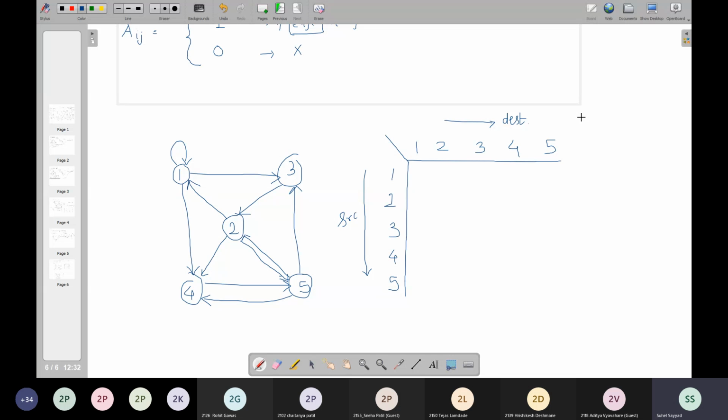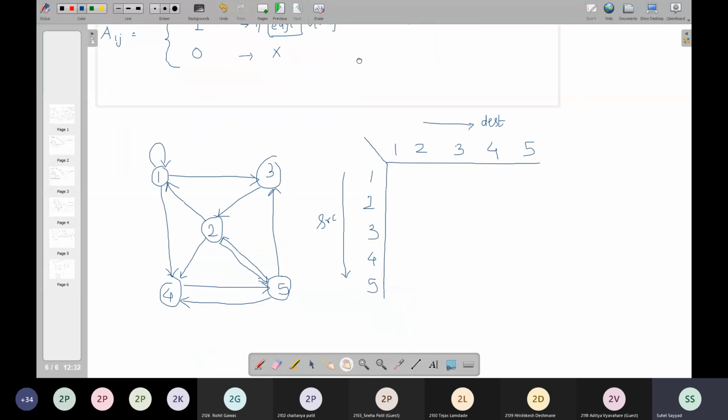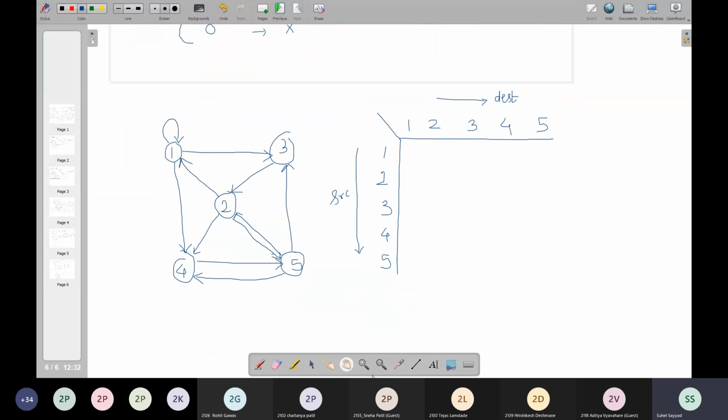Because we all know that in a directed graph, edge 1, 2 is different and 2, 1 is different. In the undirected case I didn't have any problem. 1, 2 and 2, 1 were the same, right? If 1, 2 was 0, then 2, 1 was also 0. I was getting a symmetry in my matrix. But that will not happen here in case of a directed graph, because here 1, 2 is a different edge and 2, 1 is a different edge, right?